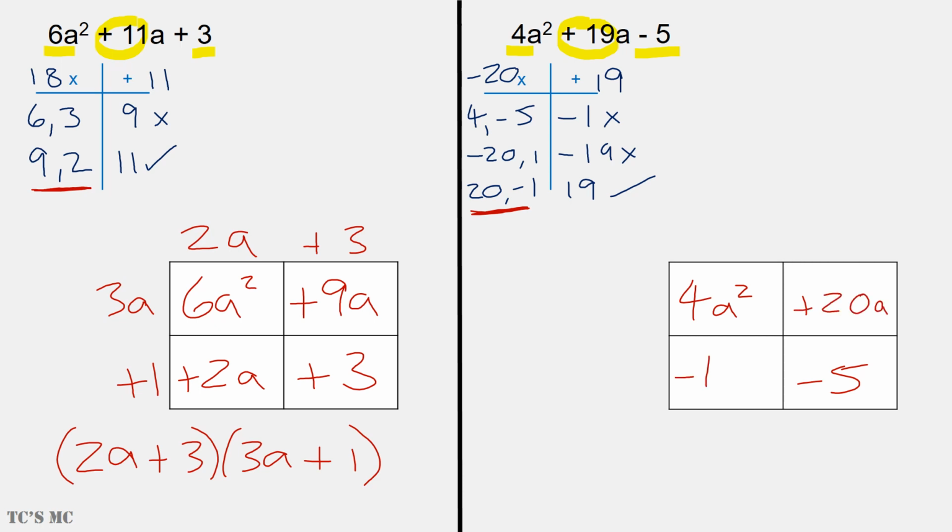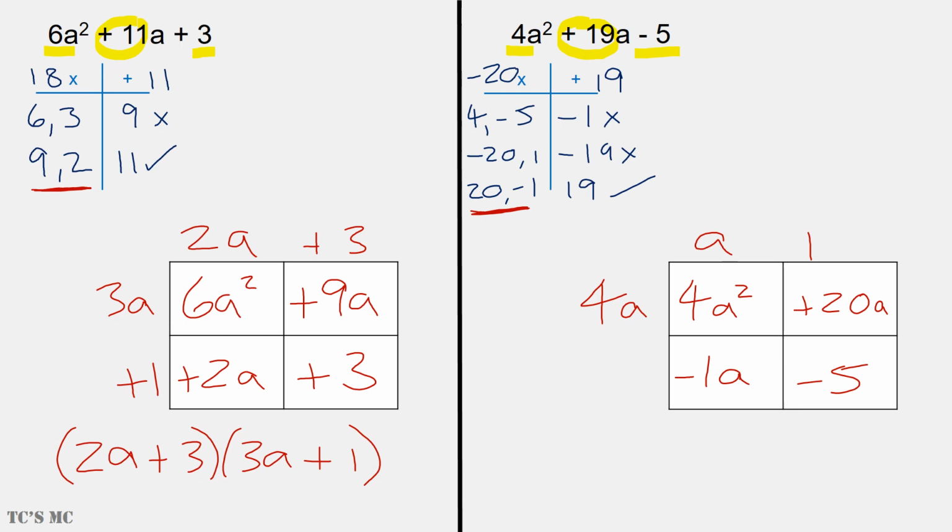and minus 1a. Again, when you factorise, you want the highest common factor of this first row. The highest common factor is 4a. 4a times what gets us 4a squared? It's a. 4a times what gets us 20a?